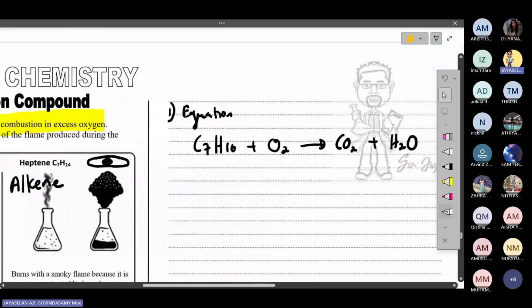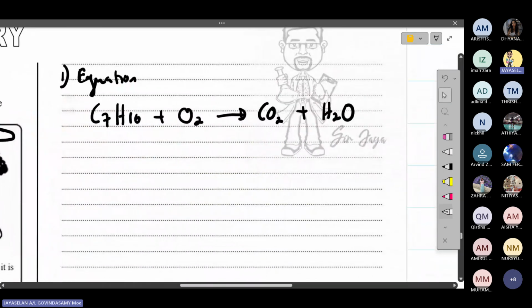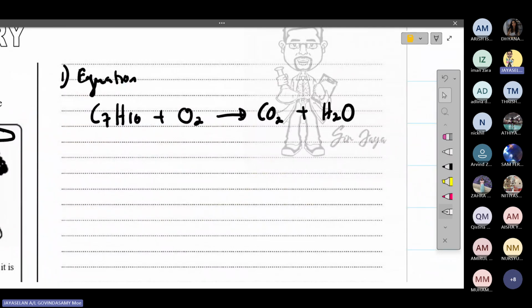Okay, this is heptane. Do. Once you have done this, balance the equation. How to balance the equation? Carbon 7, I put 7. Hydrogen 16. How to get 16? Adyanman, how to get 16? 8 times 2, 16. Okay, very good.